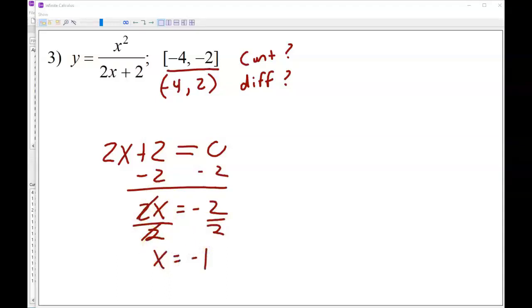So we do have a discontinuity at x equals -1. But is it on the interval? -4 to -2. No, it's not. So it's continuous on -4, -2.